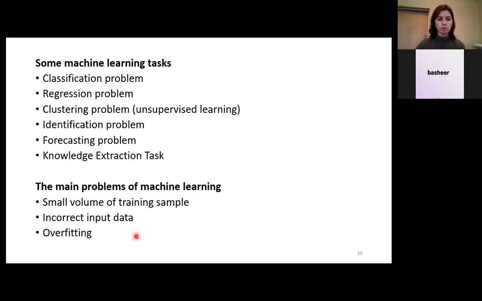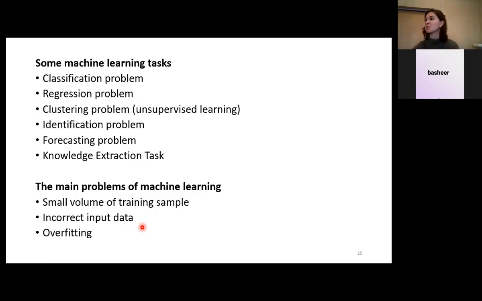And in our case, medicine, the main problems are: number one, a small volume of the training sample. Incorrect input data. It's also when the doctor just writes some information about the patient.